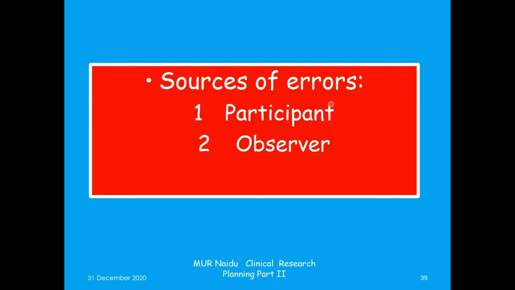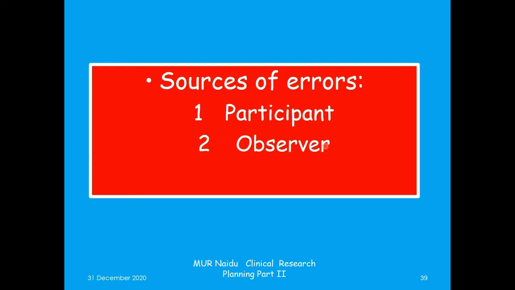The person recording the data may make some error in recording. One time he may record with one instrument or at one place, or it may be necessary to maintain a temperature to collect the sample and then transport it. So he may make an error in collecting or storing the sample. That will be the observer's error.